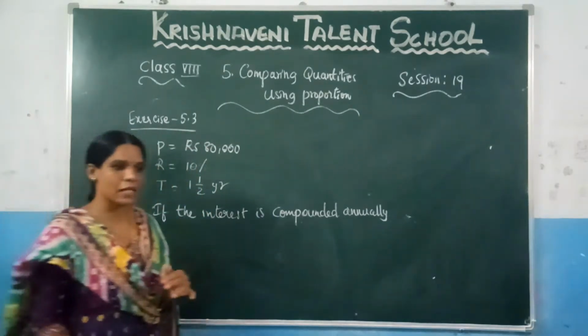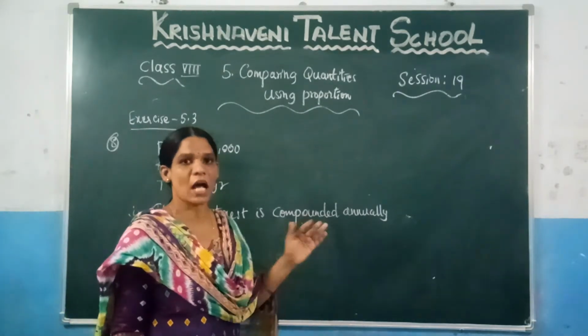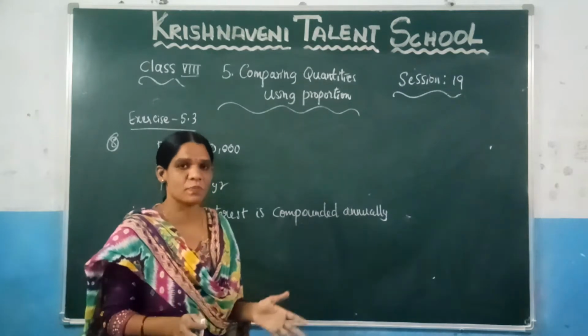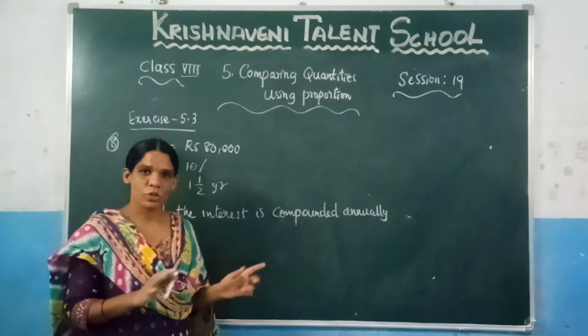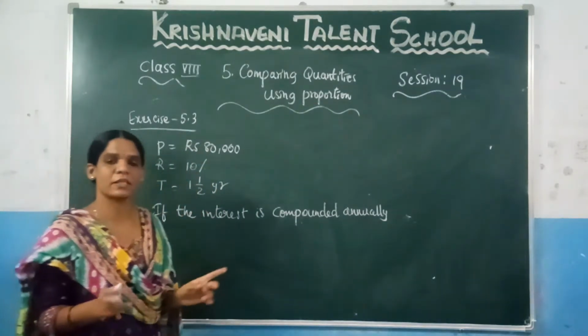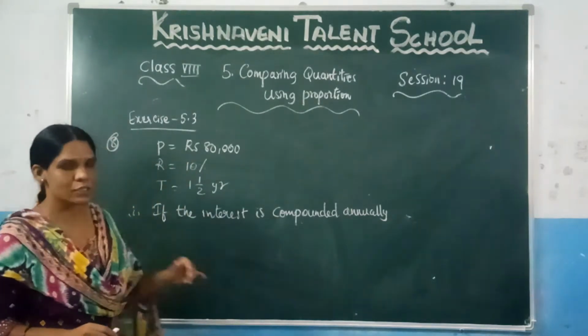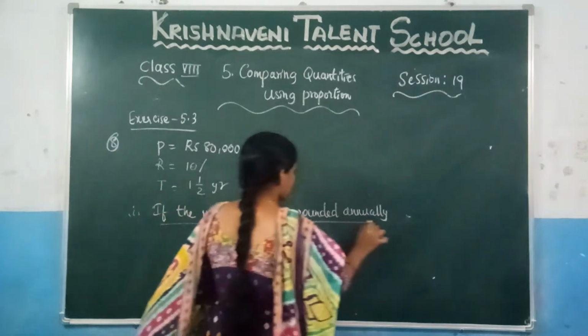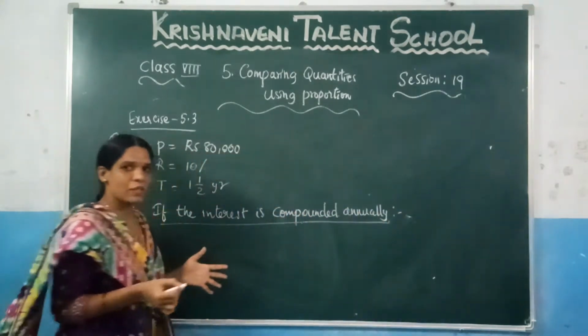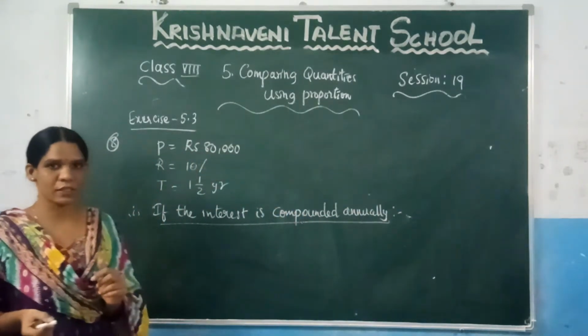After that we need to calculate if the interest is compounded half yearly, that means for the 6 months, what should be the amount. So you will get two amounts, you need to take the difference of these two amounts. So let us see here if the interest is compounded annually. Annually is nothing but 1 year we are calculating here.